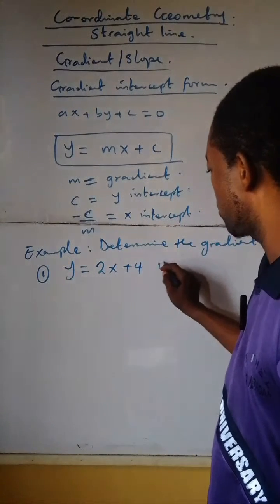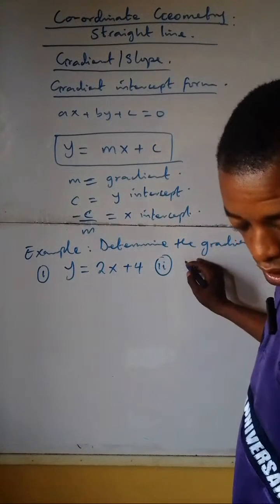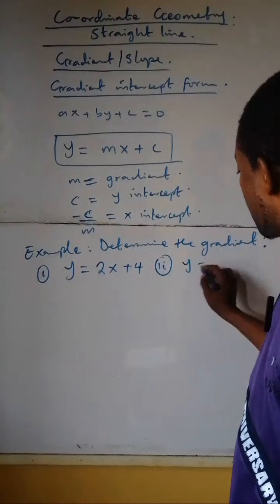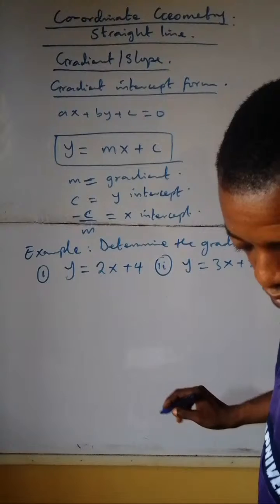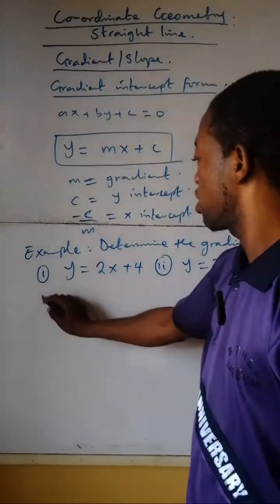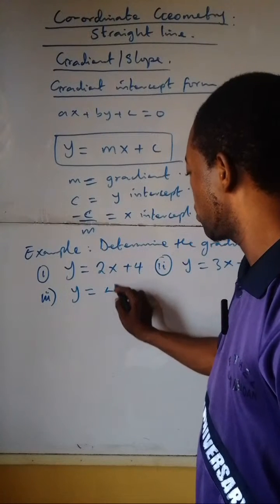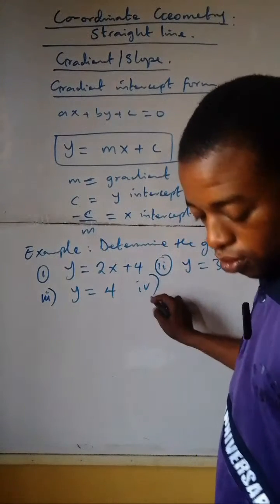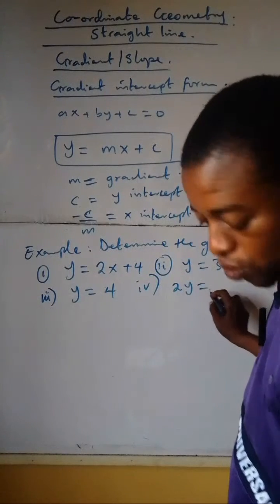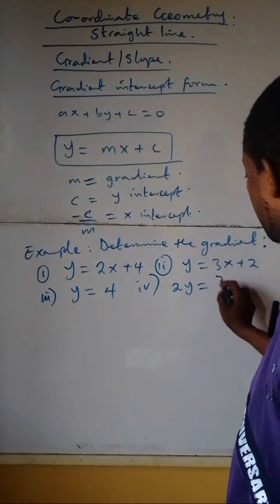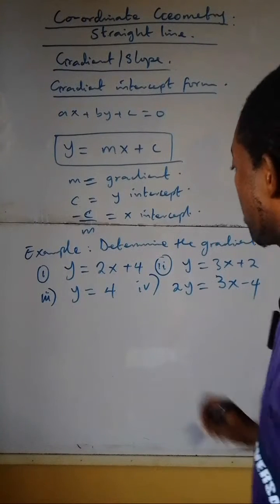The second one, we have y equals 3x plus 2. Then the third one, we have y equals 4. The fourth one, we have 2y equals 3x minus 4. Now, here we determine the gradient.